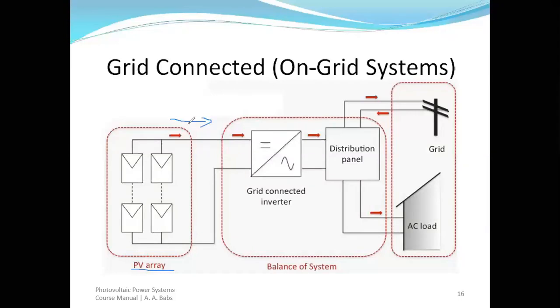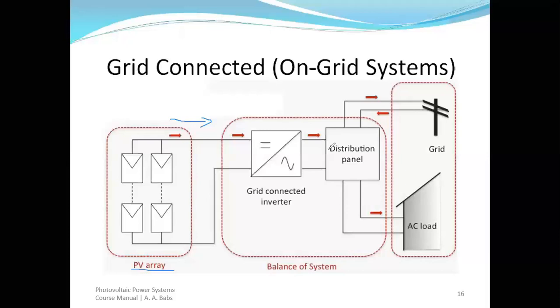This DC energy then goes through the inverter. What does the inverter do? The inverter converts the DC energy to AC energy. In most of the houses we have today, the majority of appliances use AC energy, though some still use DC.